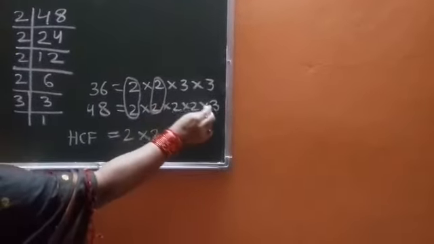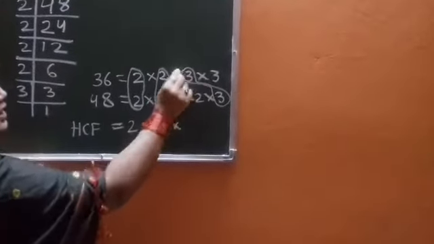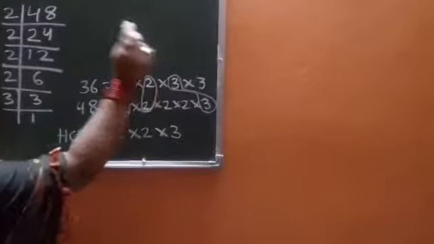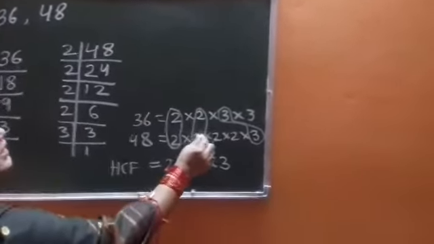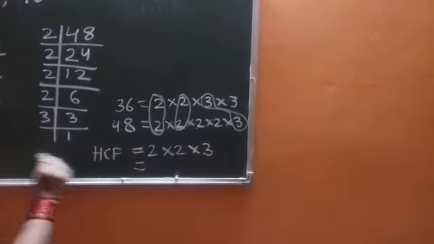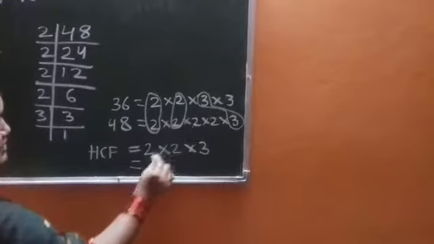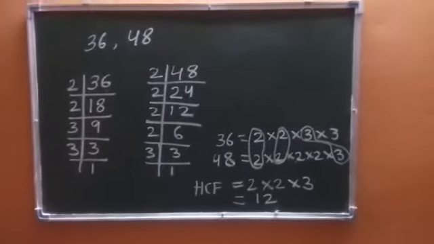Now this 3 is here also and here also, so we will take 3. Now this other 3 is only in 36, it is not in 48. So only these 3 factors are common in both of them. So our final HCF is 2 twos are 4, 4 threes are 12. So the highest common factor of 36 and 48 is 12.